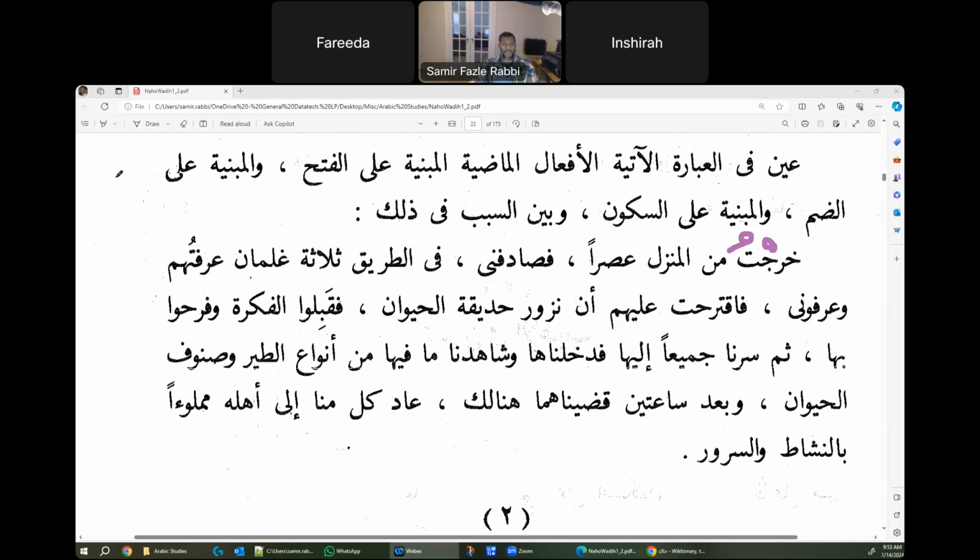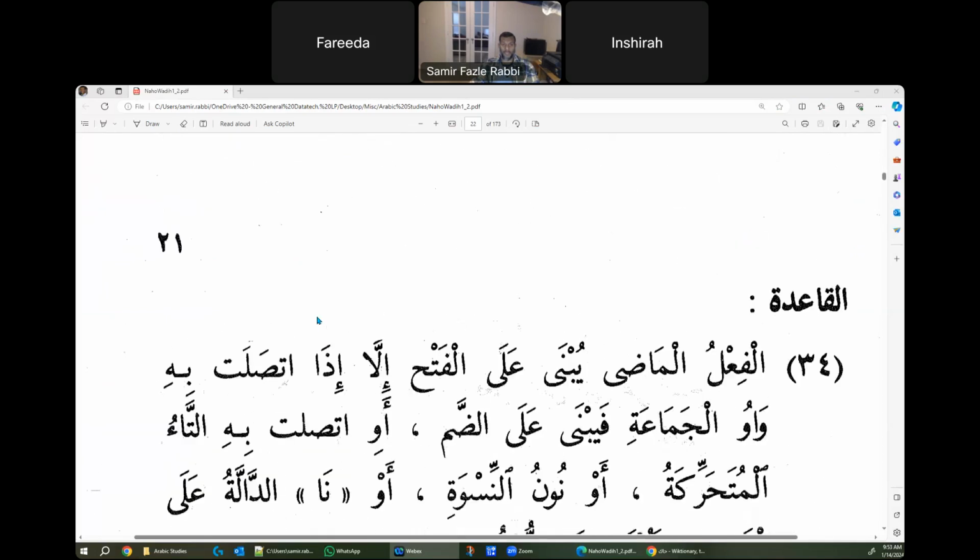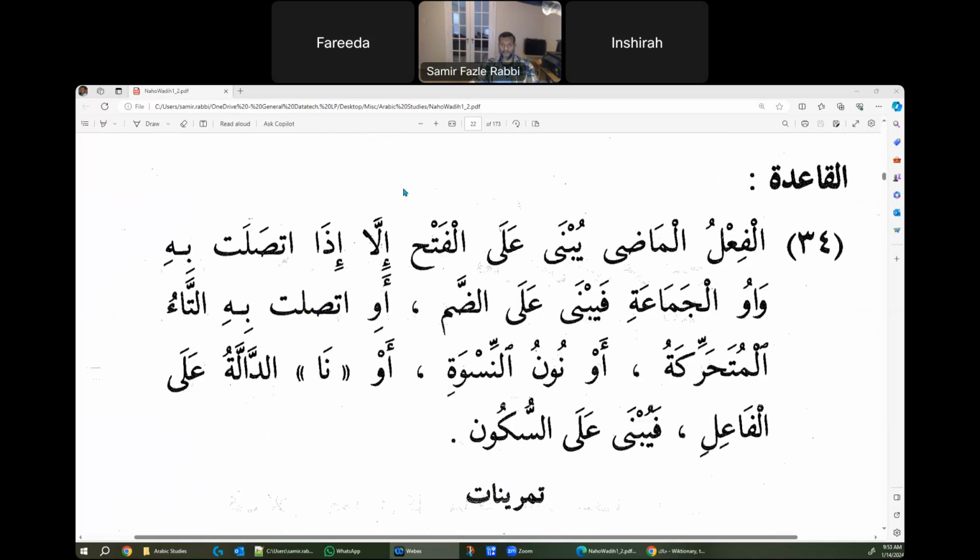The reason, and what they did here is they gave us the reasons: it's either default fatha, or it'll be with a dhamma if it has the waw al-jama'a, like if it's kharaju, dhahabu, qara'u, any of that.